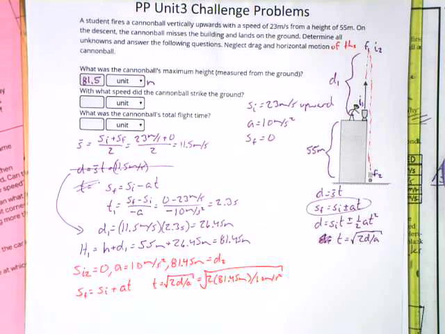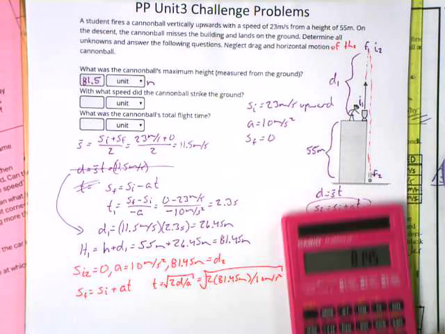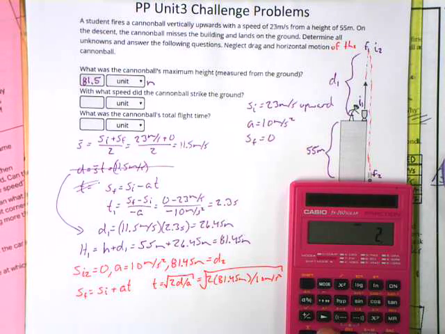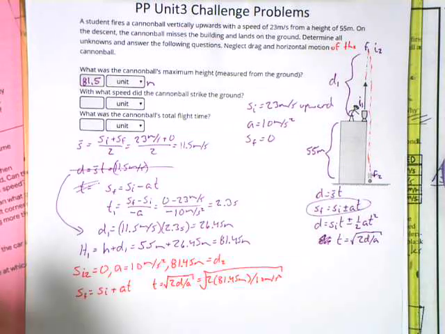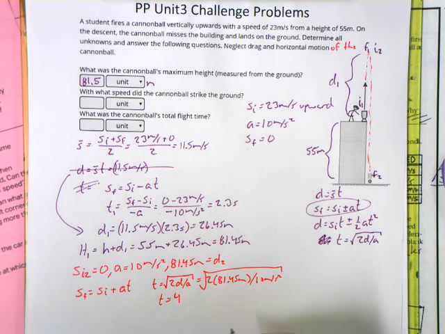If we look at our units, we're going to end up with meters squared over seconds squared. I'm sorry, no we're not. Meters divided by meters per second squared, so meters are going to cancel out. We're going to end up in seconds squared, which then gets square rooted, so seconds. So 2 times 81.45 times 10 equals then square root 40.36. 40.36.